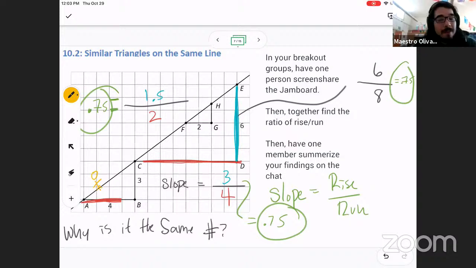Or is it gonna be the same level of difficulty as you climb this mountain? Is it gonna be easier, harder, or the same?